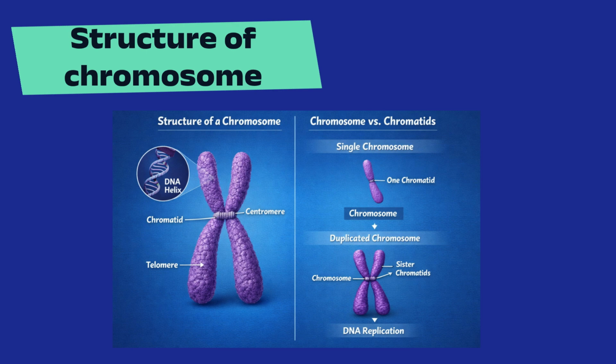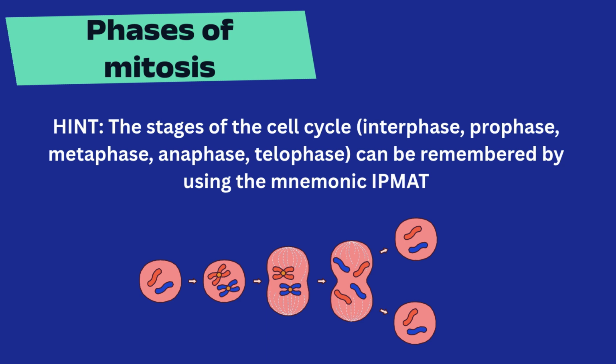And those squiggly lines inside the chromosomes are the genetic information. So when we start naming these structures, it will make sense when we start looking at the mitosis phases and cytokinesis, so that it is easy for you to remember how each phase of mitosis occurs.